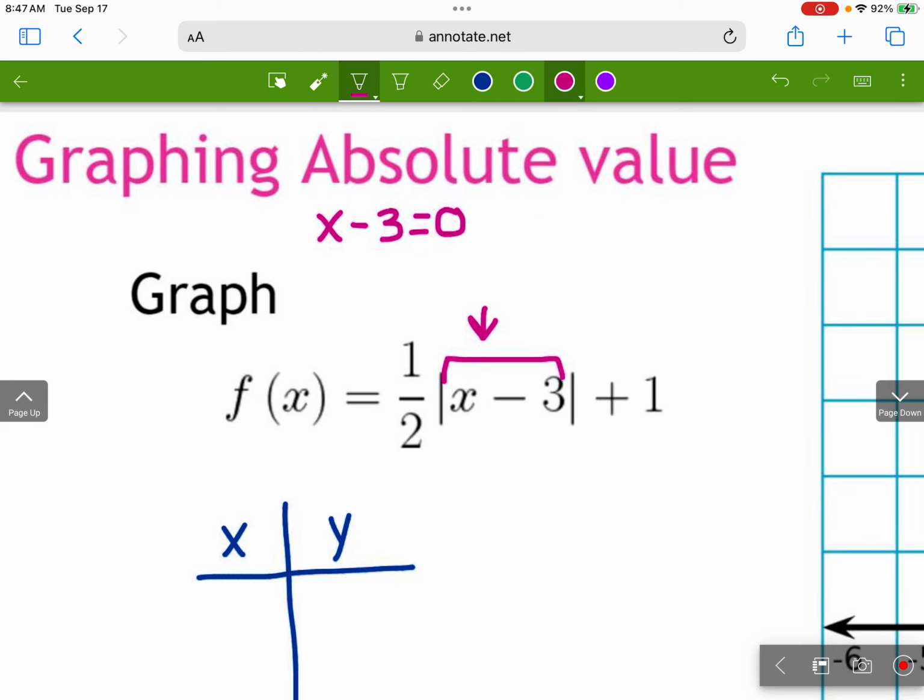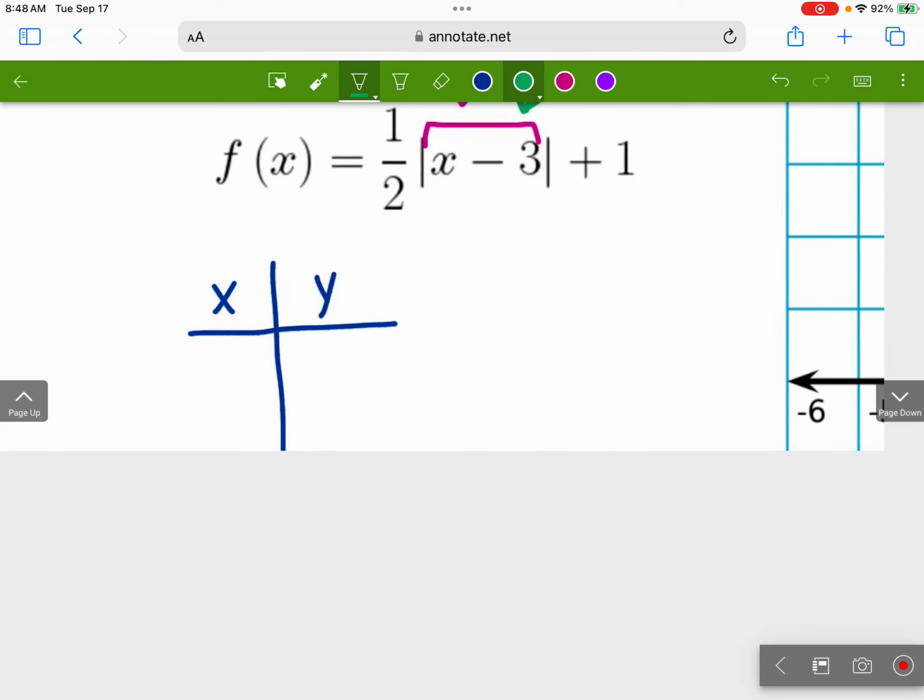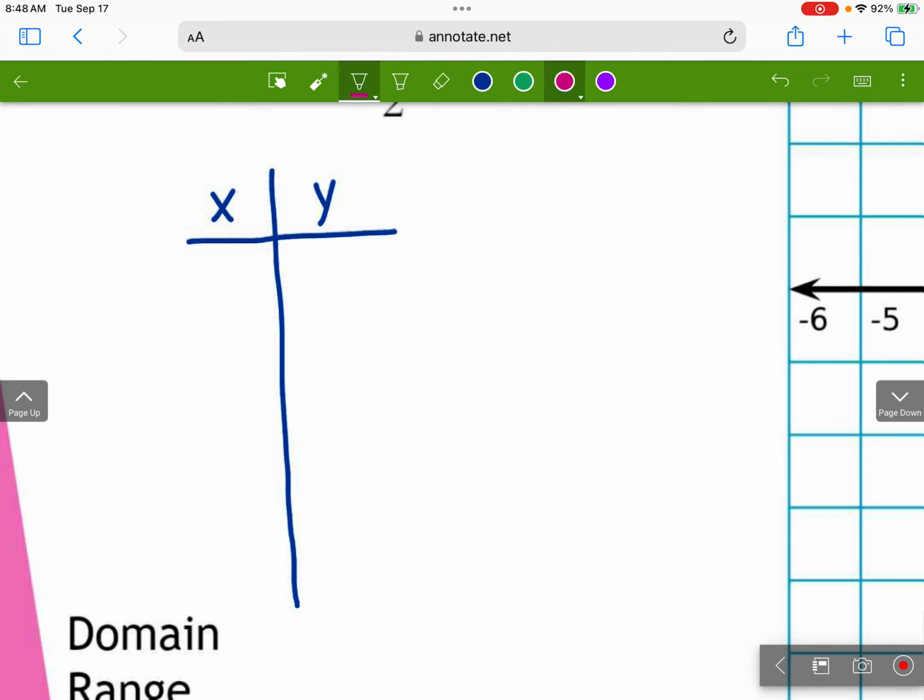What would x need to equal? 3. Option 2 is to say, oh, hey, I see that there's a minus 3 in here, and we take the opposite sign. Either way, it's going to give us 3. And that's what we put in the middle of our table. So inside the absolute value is where we find our center.